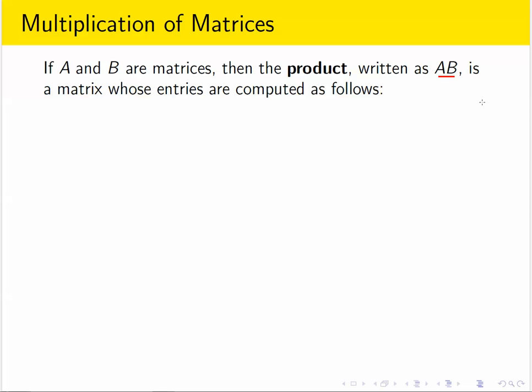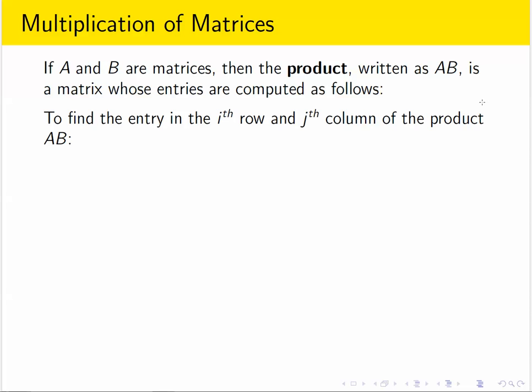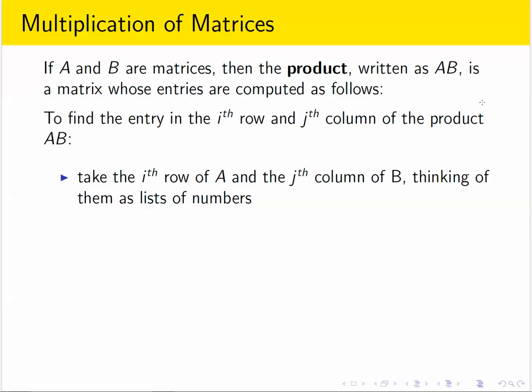How do we get the entries of the product matrix? Well, in order to find the entry in a given position, let's call it the ith row and the jth column. For example, that might be the 4th row and 5th column. What we do is we take the ith row of the first matrix in our product.